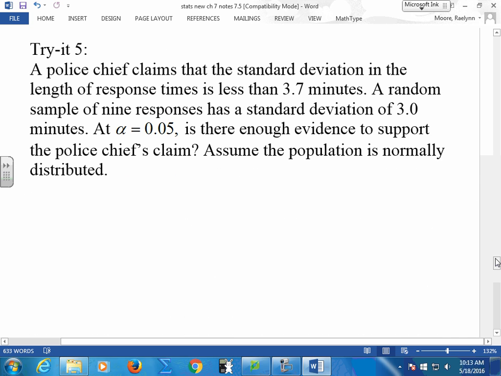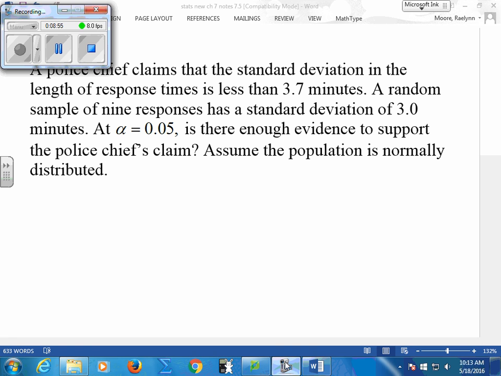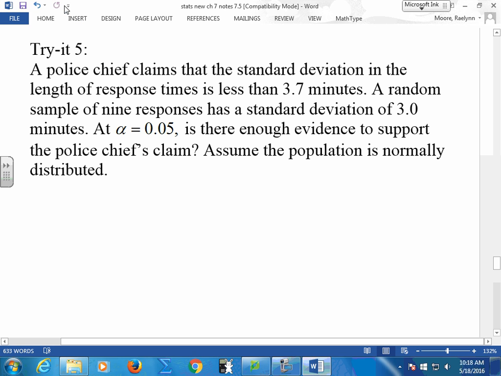I want it the same exact way. Alright, so my claim. A police chief claims that the standard deviation in the lengths of response times is less than 3.7 minutes. So Michael, what's my claim?